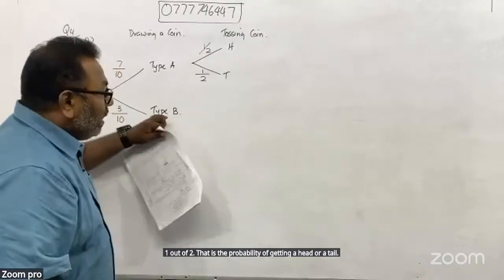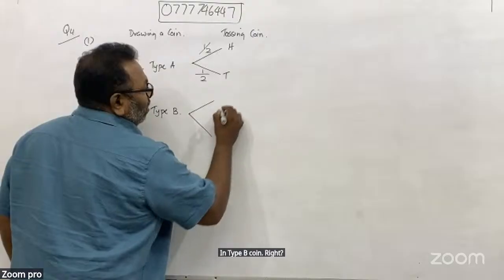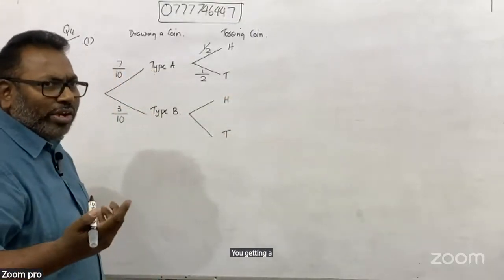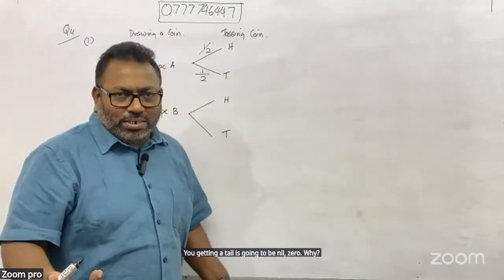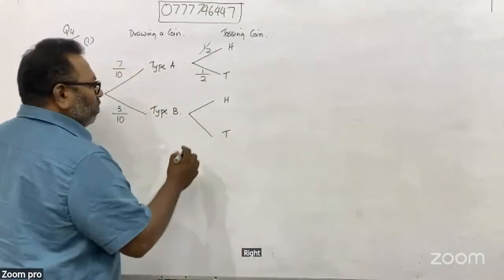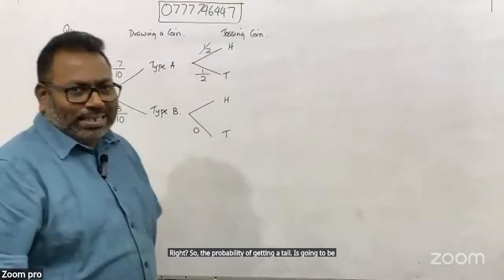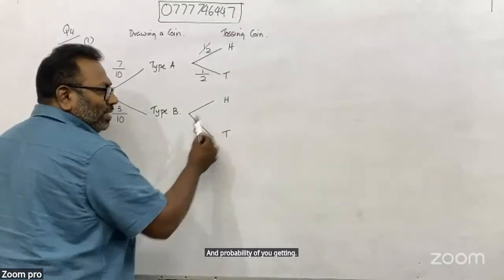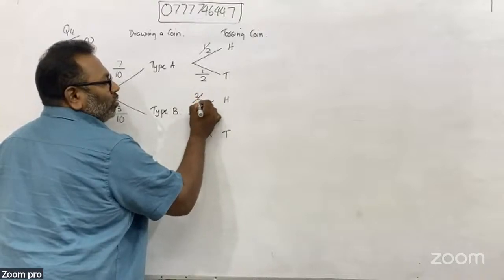In type B coin, the probability of you getting a tail is going to be nil, 0. Why? Because you only have heads on both sides. So the probability of getting a tail is 0, and the probability of getting heads is 2/2.